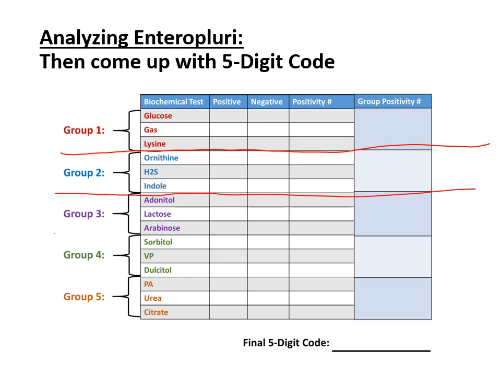Because when you go to make your 5-digit code, you're basically going to have 5 different groups of 3. Okay? And we're going to see this in the next slide where I help analyze a result with you.